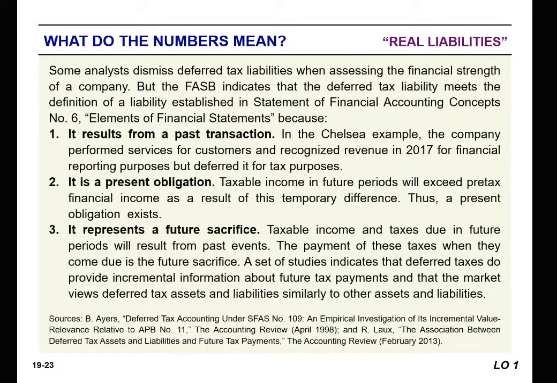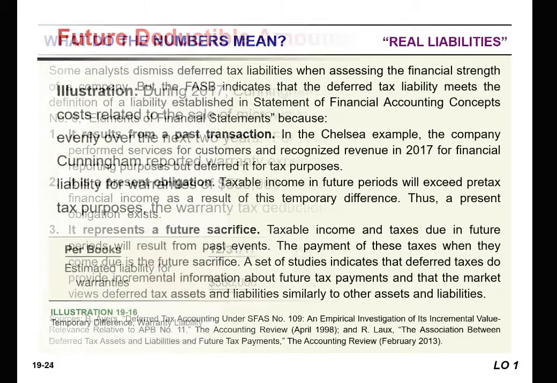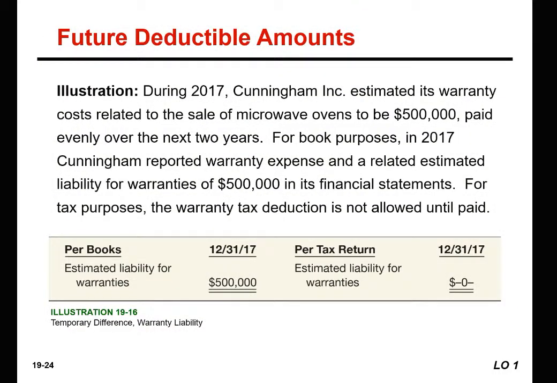So let's take another look here at future deductible amounts. During 2017, Cunningham estimated its warranty costs related to the sale of microwave ovens to be $500,000, paid evenly over the next 2 years.